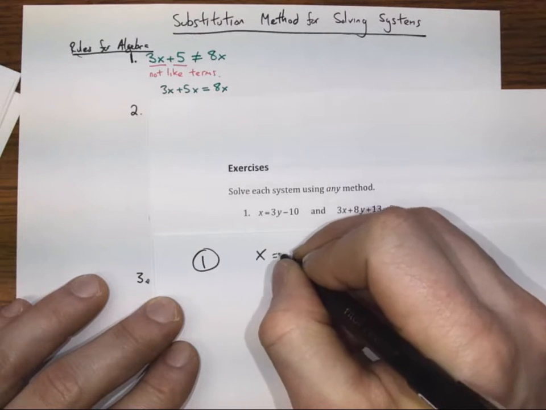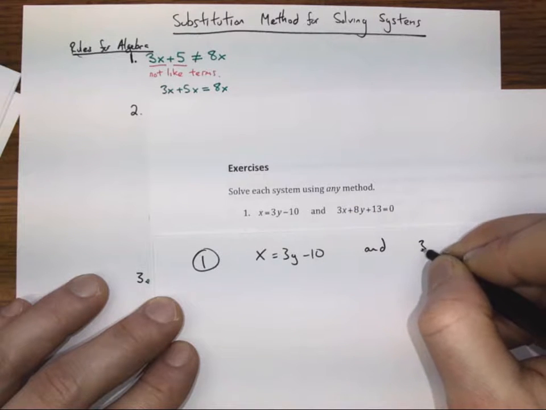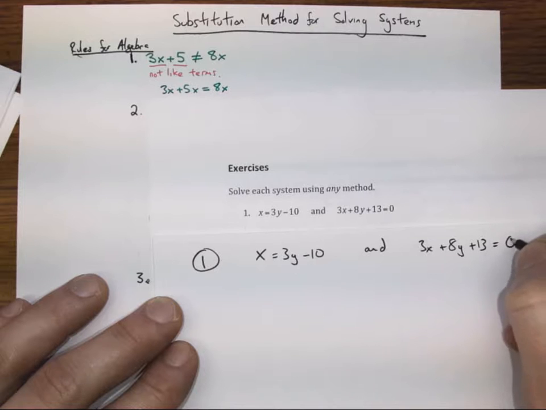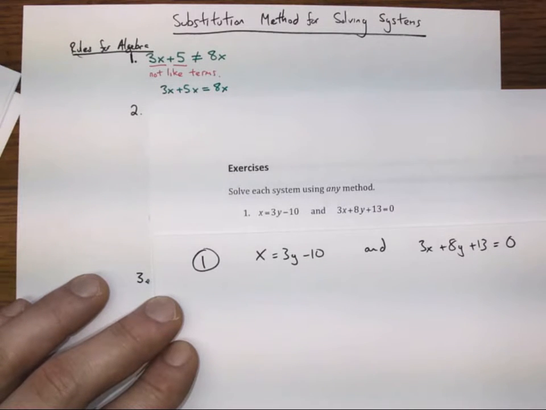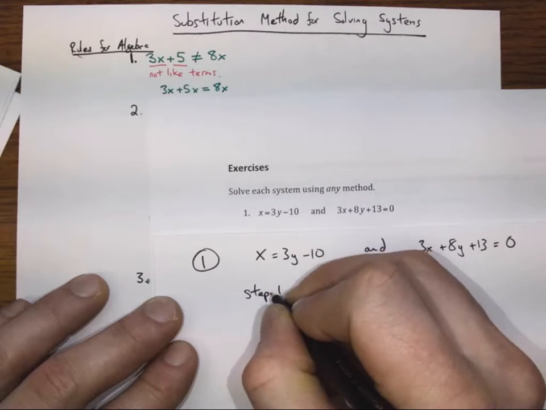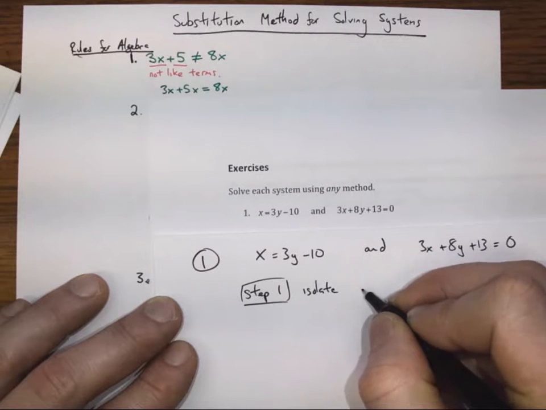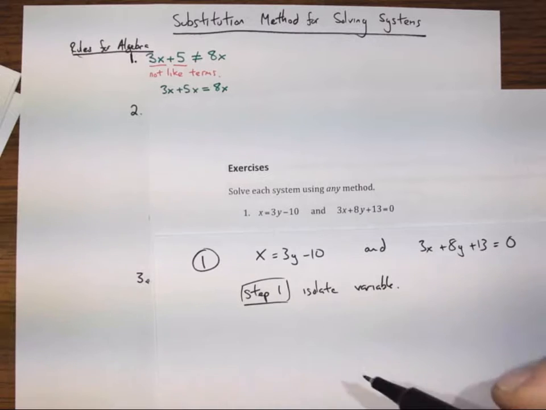I've got x equals 3y minus 10 and 3x plus 8y plus 13 equals 0. Now, I think we have to first decide what's step 1. We're going to isolate a variable, right? Now, which variable is easiest to isolate?